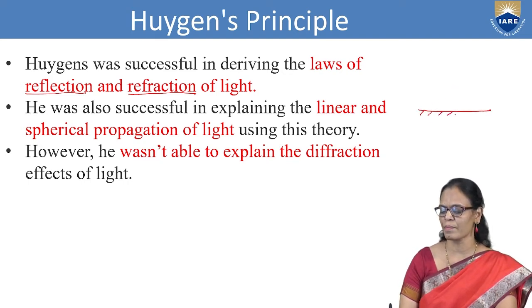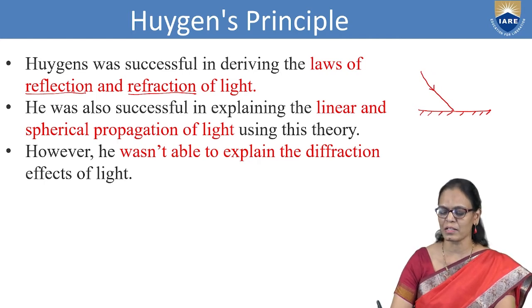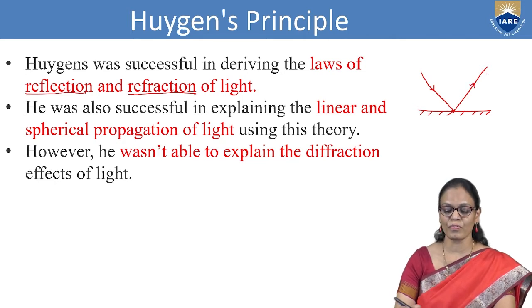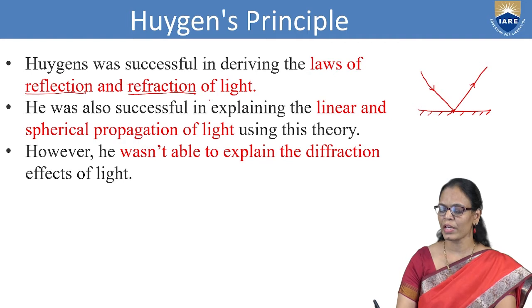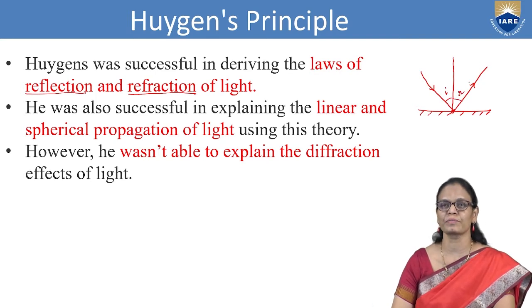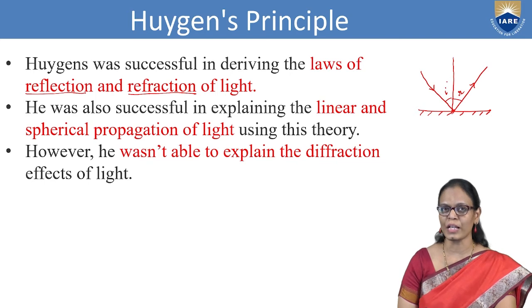Suppose this is a polished surface and light is incident on it. When light strikes this surface, it is reflected back into the same medium. With the help of this principle, he could easily explain this and prove the laws of reflection. What is the main law of reflection? The angle of incidence should always be equal to the angle of reflection, and they also lie in the same medium. All these things he could successfully explain.